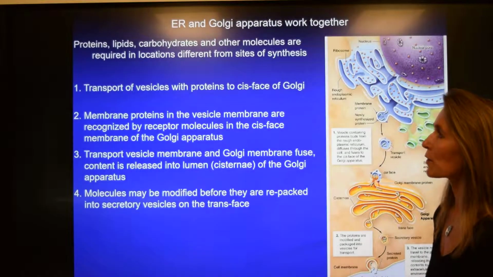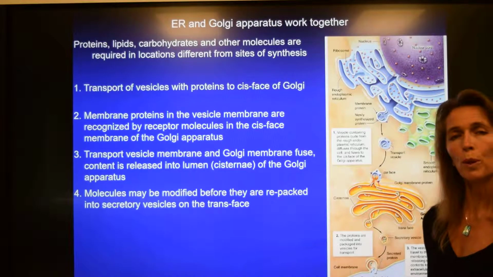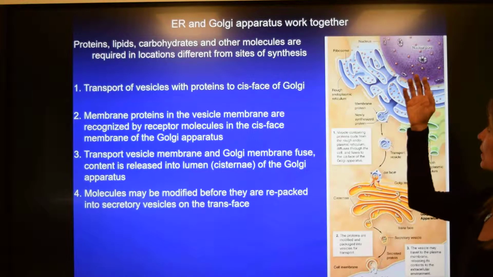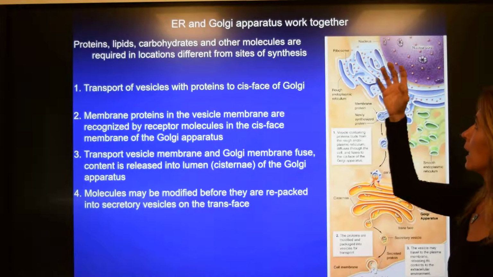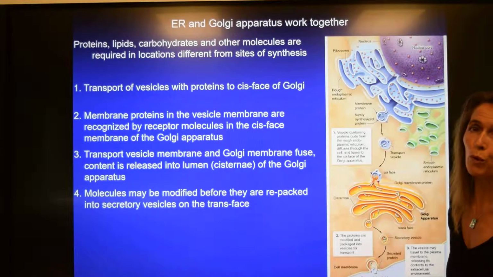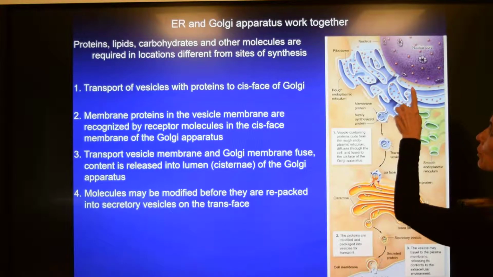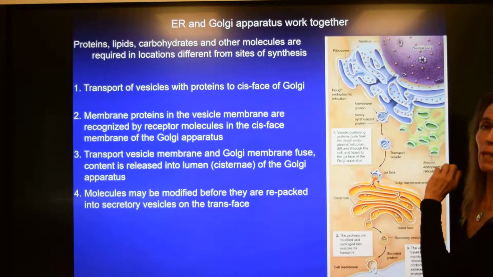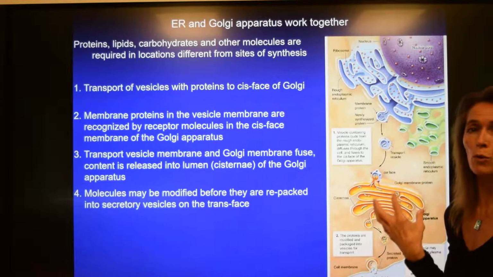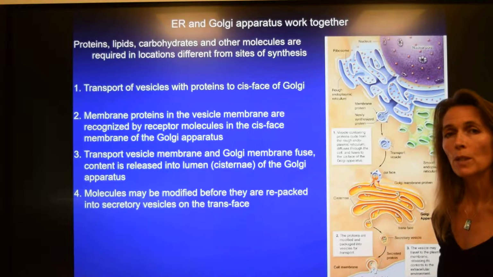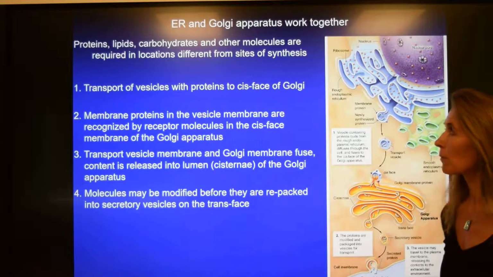And to put all of this in context, I would like to go with you through what we've discussed so far. So we've discussed that we have our nucleus where the messenger RNA is being released that encodes for certain proteins. This messenger RNA is now being transported to the rough endoplasmic reticulum or to ribosomes that are free-floating in the cytoplasm. There the proteins are being translated.